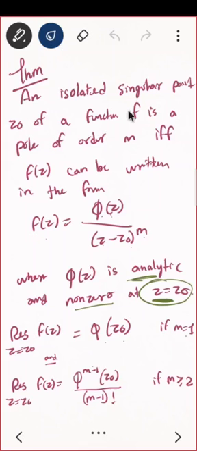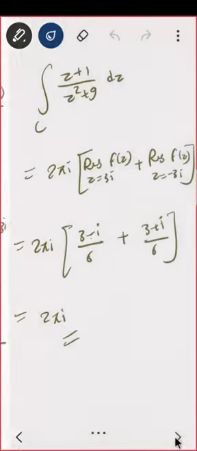Do you see? An isolated singular point z naught of a function is a pole if and only if it can be written as phi of z upon z minus z naught raised to m, and phi of z must be analytic at z naught. So is this satisfying the condition?